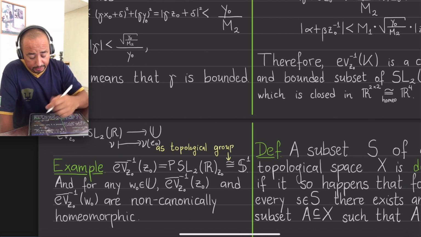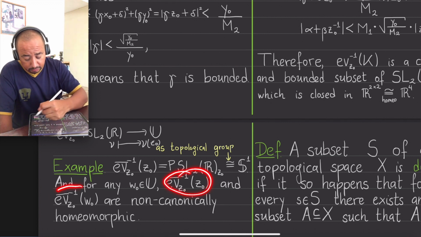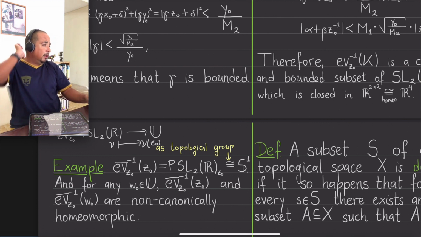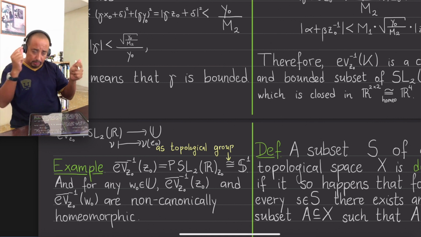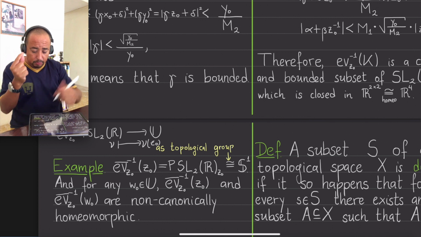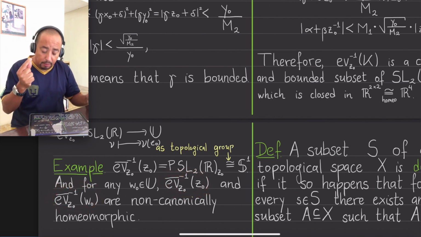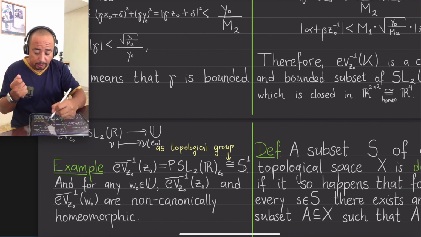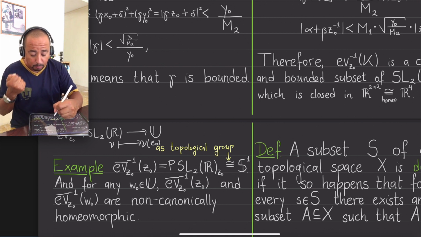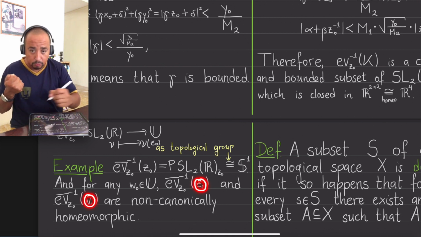And you see, given any other element, of course, I can pass from this one to this one, right? All I need is to take an element of PSL2R that takes Z0 to W0. Just take one of them, and then you can go from this one to this one by pre-composing with the specific one sending Z0 to W0 that I took.